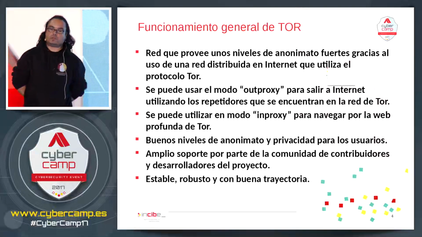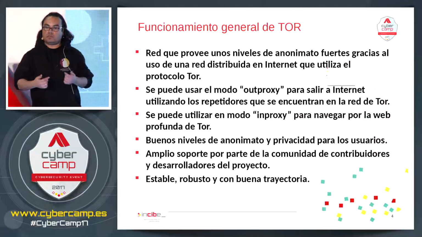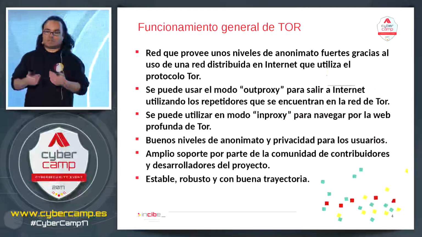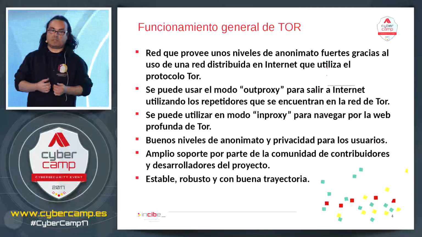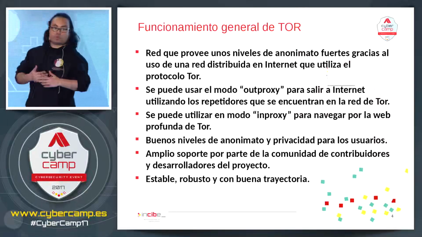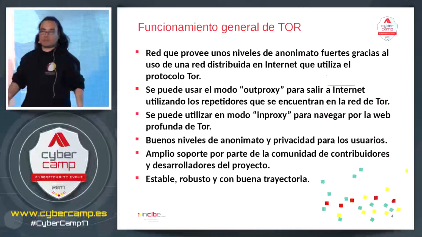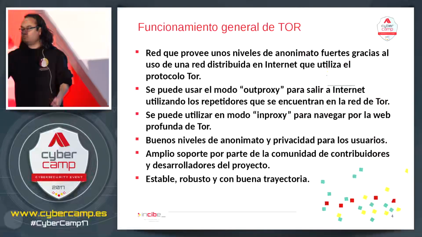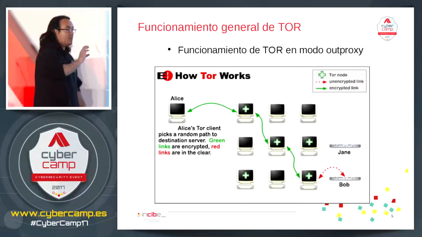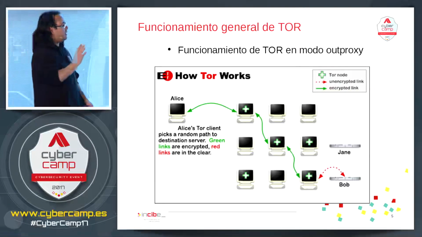So this solution has been on the market for many years. It has been developed since 2003, more or less. And as a result, the TOR community is pretty big. It is stable, robust, and it has a long trajectory that gives proof of its quality.